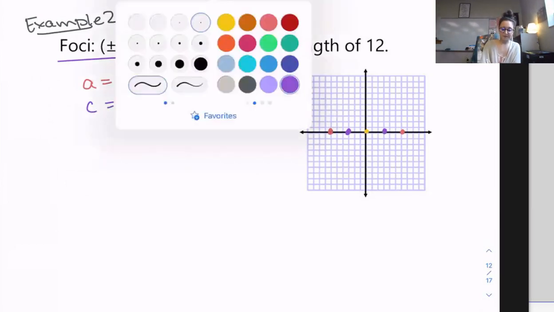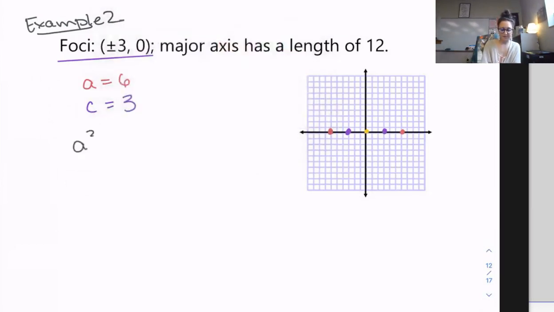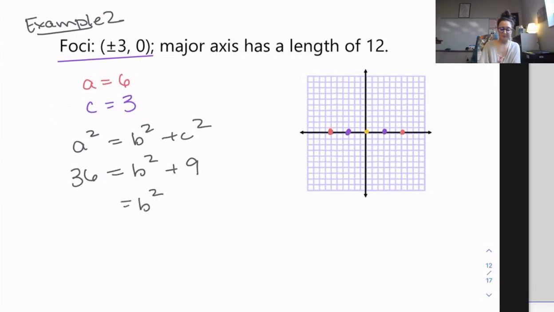So to find b, let's use our Pythagorean relation, a squared equals b squared plus c squared. Well, a is 6, so 6 squared is 36. b squared is actually what I'm looking for. Plus c squared, c is 3, so c squared will be 9. So b squared is going to be 36 minus 9, which is 27.